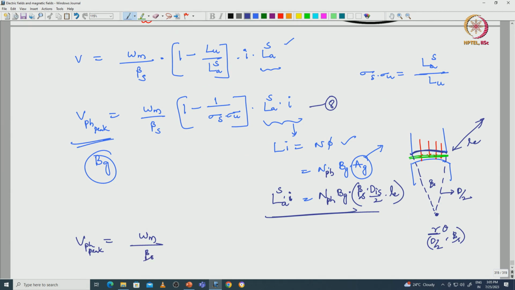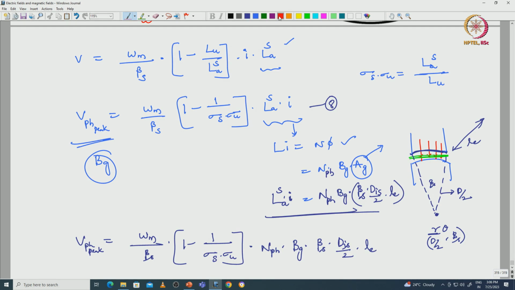then the final voltage V phase peak value is equal to omega m, that is rotor speed, divided by beta s, that is the angle with respect to the stator pole arc, into 1 minus 1 divided by the inductance ratio product, into N phase into Bg, flux density at the air gap, into beta s into dis by 2 into Le.